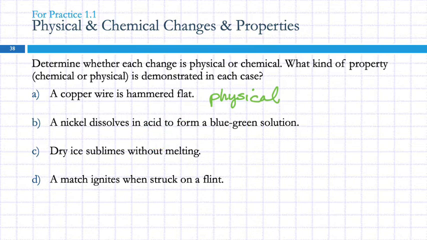So this tells us something new is being created, right? The color is changing. That's often an indicator that we have a chemical change. So this is a chemical change, and this is a description of a chemical property of nickel. It will dissolve in acid to form a blue-green solution.